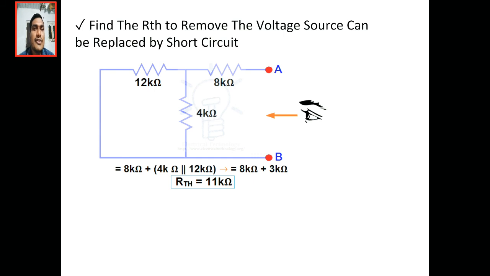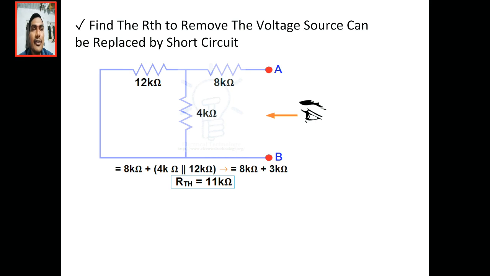We have to watch the circuit from A and B. We keep an eye through the A and B terminals. Then by watching from AB onwards, we can see that 12 and 4 kilo ohms are in parallel, in series with the 8 kilo ohms. That gives the total resistance.